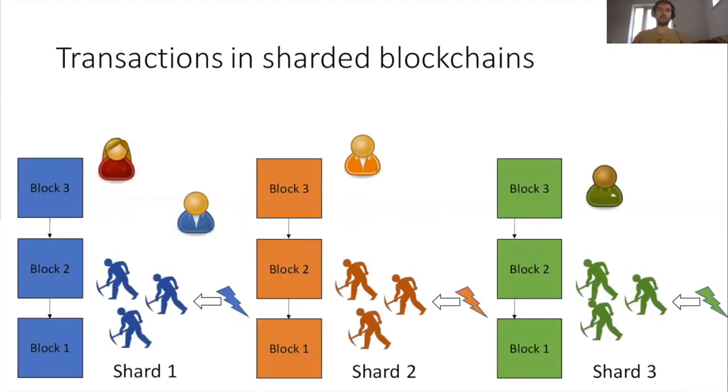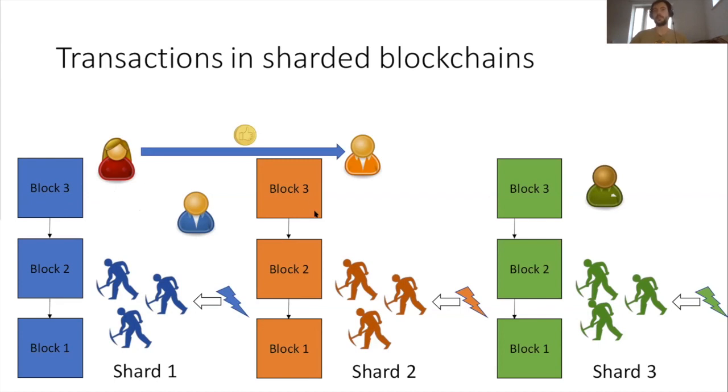Now, in the sharded environment, if Alice and Bob are in the same shard, this is easy. We create one transaction, we put it in the block in the specific shard, and it works. This is exactly the same as in a single-chain blockchain. But now if Alice wants to send a transaction to Charlie, who is in a different shard, things get slightly more complicated, because now we need one transaction in shard 1 to deduct the balance of Alice.